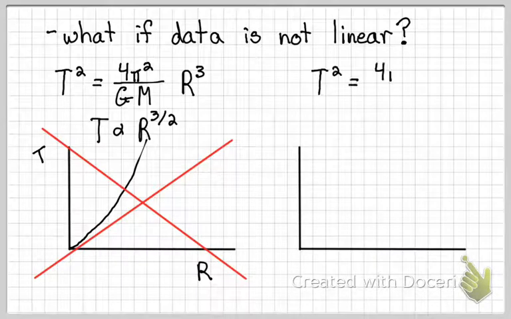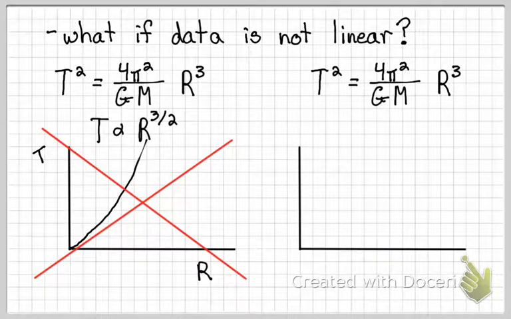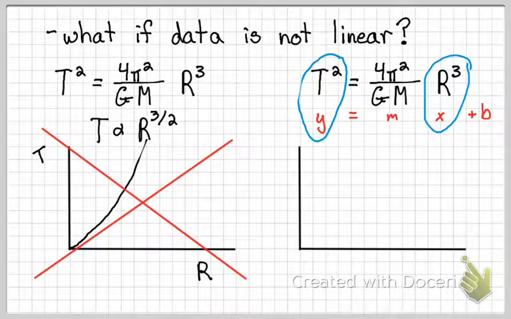So this time, let's look at our equation and ask, what can I plot to make it linear? I'm going to write y equals mx plus b under it, and thinking about it this way, that tells us that if we plot T squared on the y-axis and r cubed on the x-axis, then our slope is going to be 4 pi squared over GM.